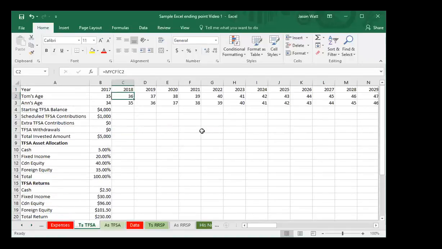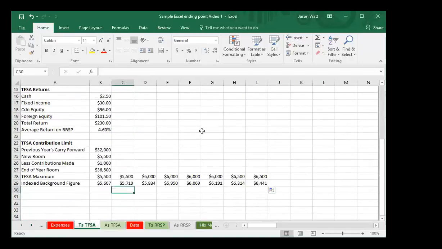Okay, so we then would look at our actual new room, which is going to be based on the number we did down here. I didn't need this extra formula down here, but I'm not presenting this to the client.